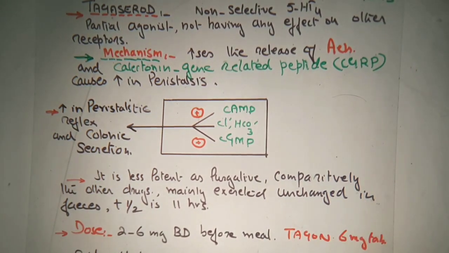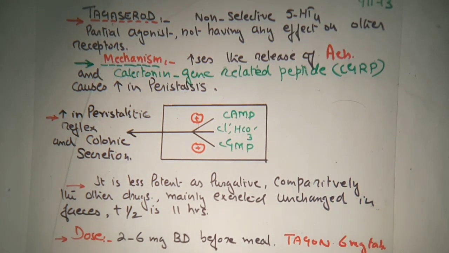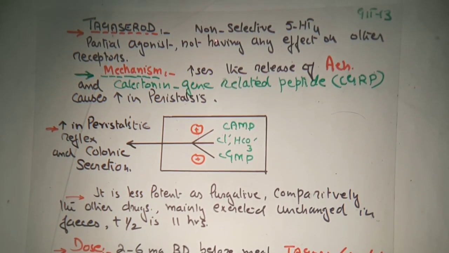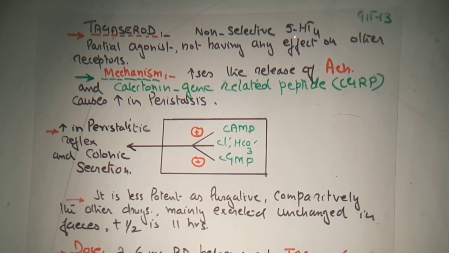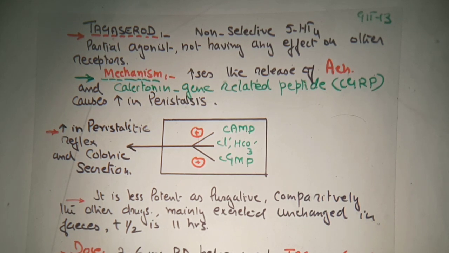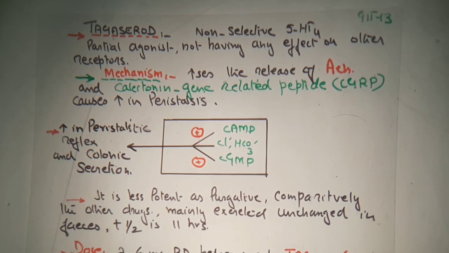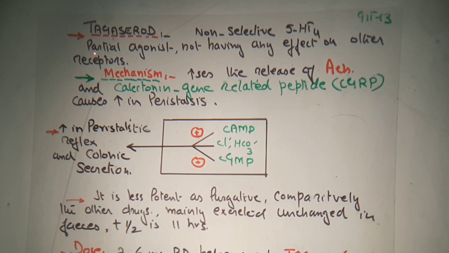Now next is Tegaserod. It is a non-selective 5-HT4 partial agonist. You know that in the beginning of pharmacology, I told you about the agonist, antagonist, and partial agonist. Partial agonist means not fully antagonist, not fully agonist.